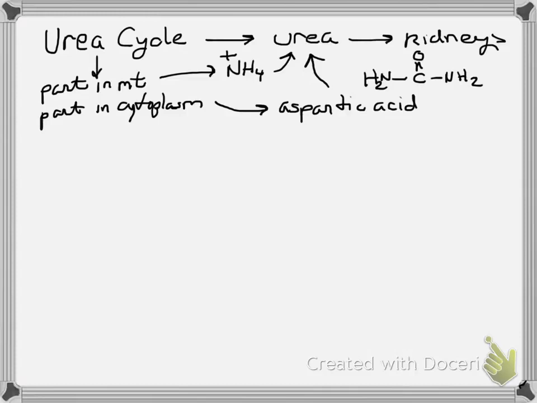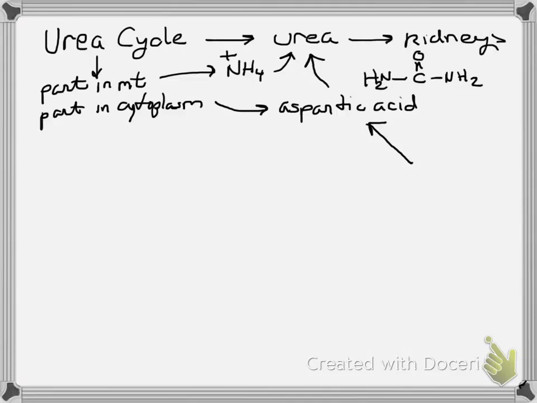So now, let's look at the construction. Let's see how the free ammonia is captured and also how aspartic acid is processed. Aspartic acid is easy. Recall the buildup of glutamate, because glutamate is the reservoir for amine groups being transferred off of amino acids to make their respective alpha keto acids.